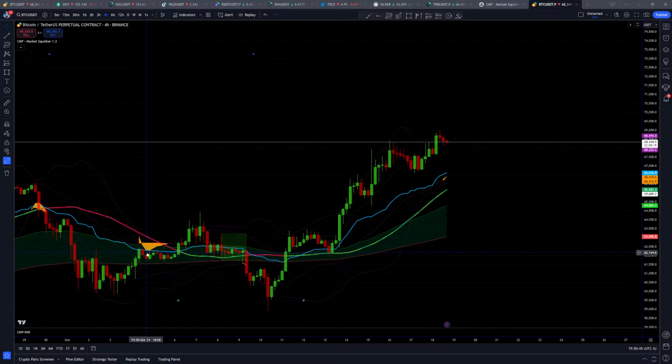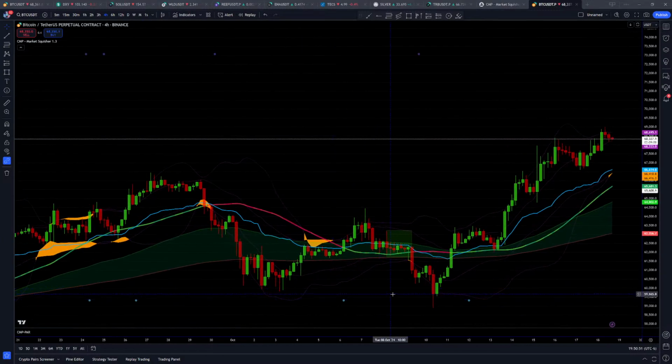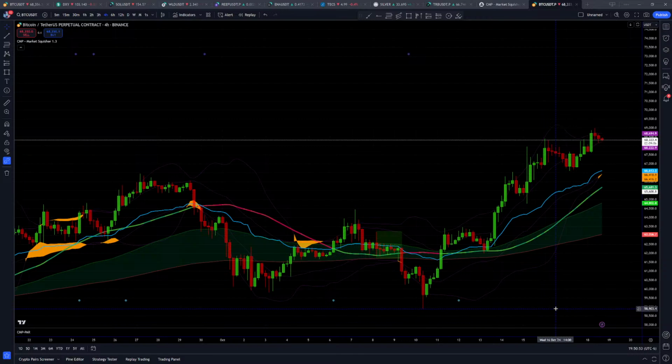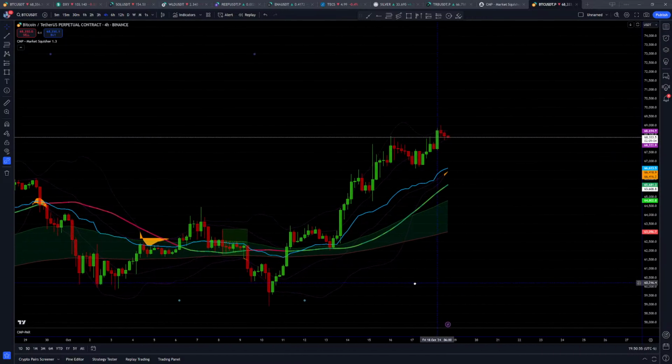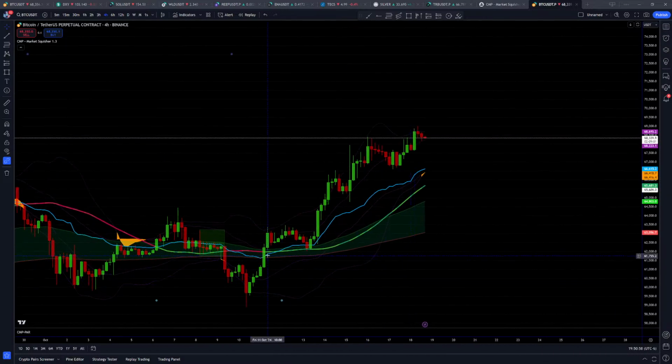Sometimes it's just a thin squeeze that bumbles along and doesn't really constrict. And you're like, oh, okay. This will not necessarily release with crazy pressure, but it is at least a reminder that price is constricted.